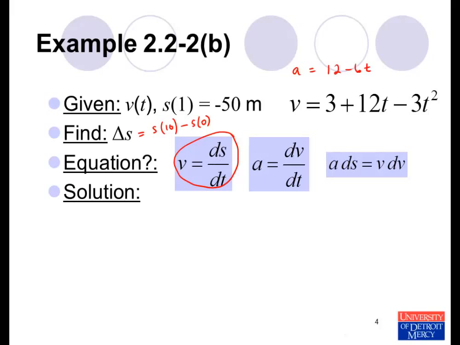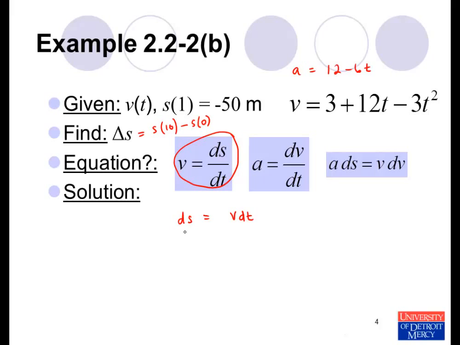They can be multiplied or divided just like any variable. And so if I multiply through by dt, I can solve for ds. So I just multiply the dt to the other side. And so I'm getting closer to isolating s, the thing we're trying to solve for.